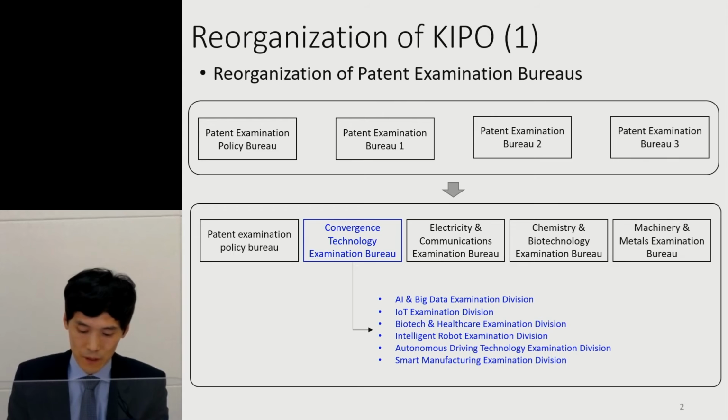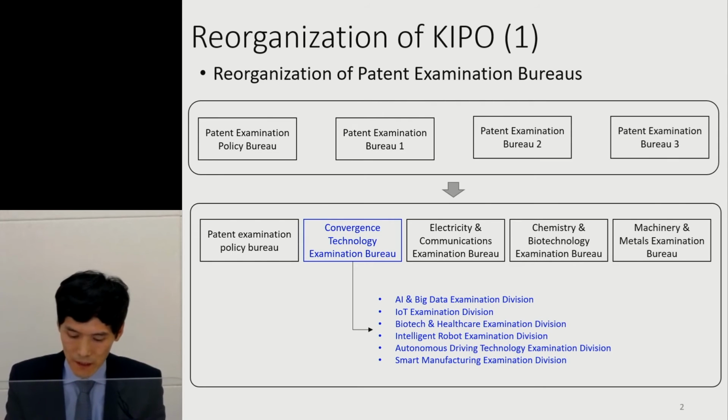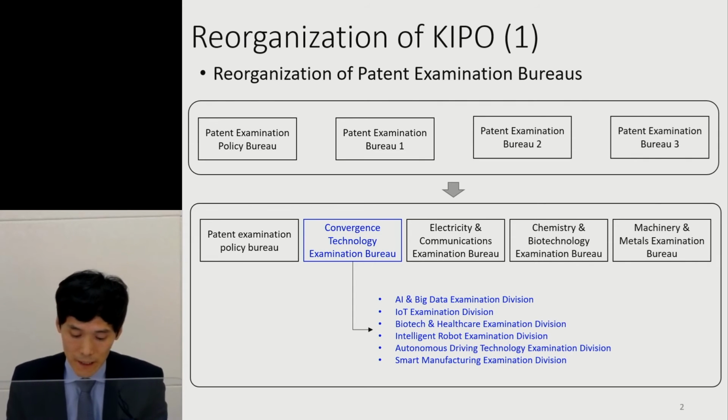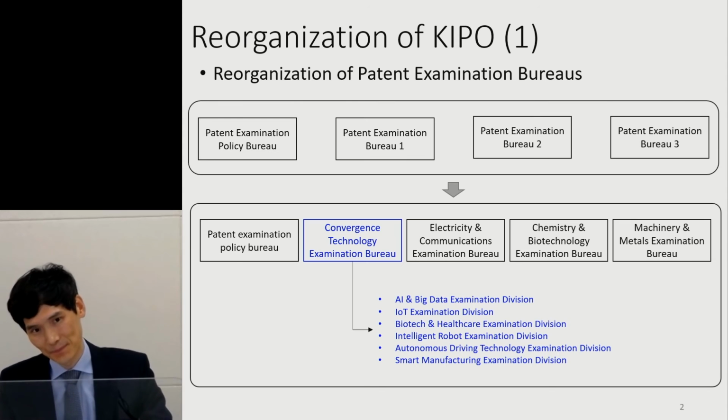The organizational reconstruction was initiated within KIPO in 2019, which led to the establishment of a new Convergence Technology Examination Bureau, dedicated to the examination of technology related to the fourth industrial revolution, such as AI, big data, and biohealth. Before the reorganization, KIPO's patent examination was carried out by 4 bureaus. Next, please.